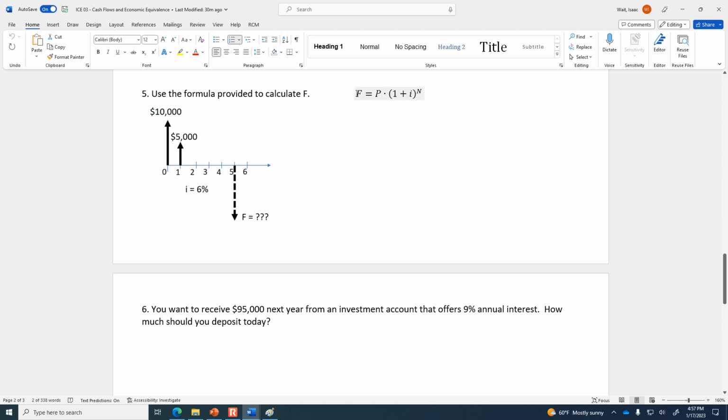So what I'm suggesting on problem 5 is to use this formula 2 times to find F. Use it once on the 10,000, and then once on the 5,000, and then combine the amounts together to find the lump sum future equivalent. All right, now I'll leave you to read the rest of the problems as well.